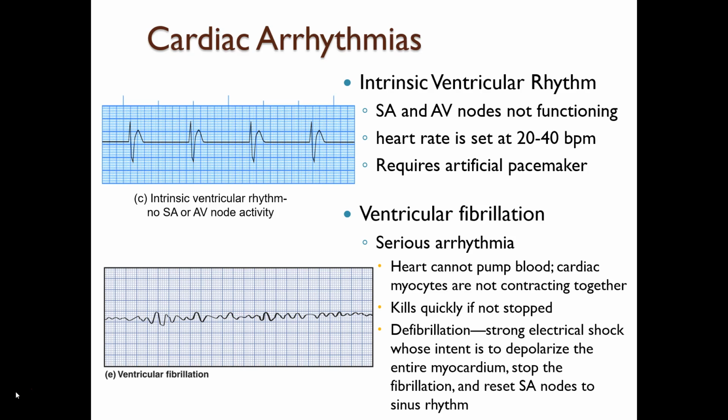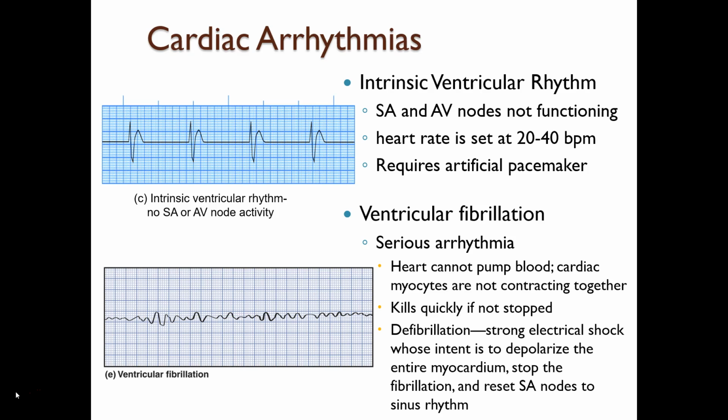And that's when neither the SA nor AV nodes are firing. Okay, and then under these conditions, the heart rate is even lower. It's between 20 to 40 beats per minute.